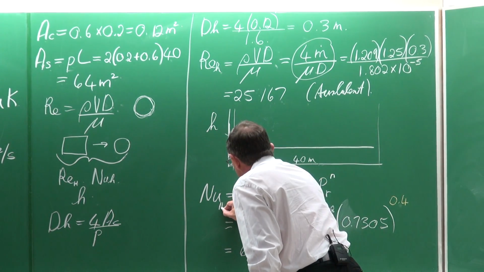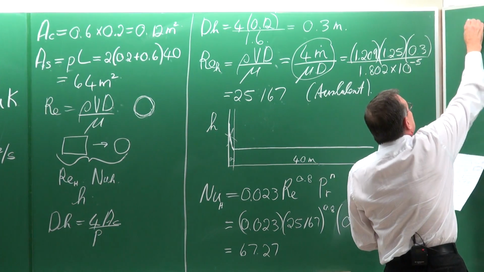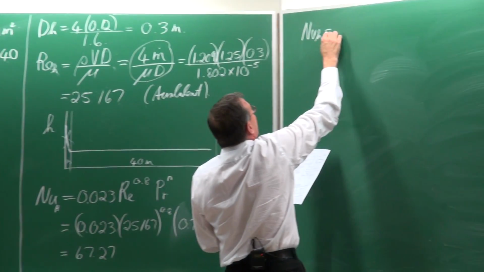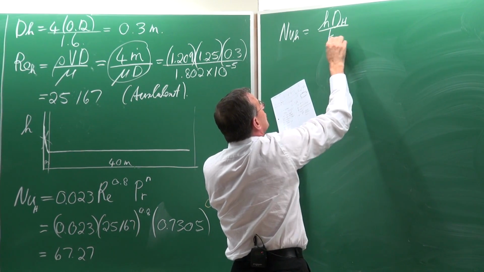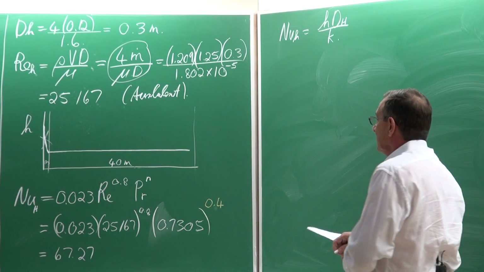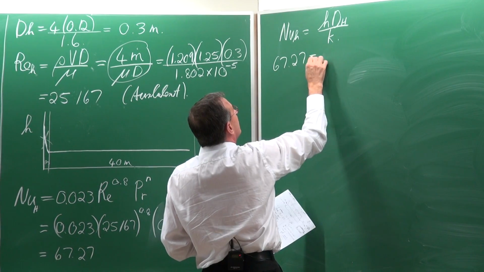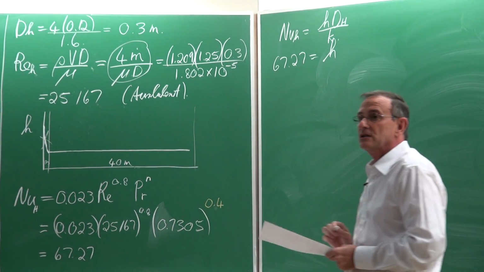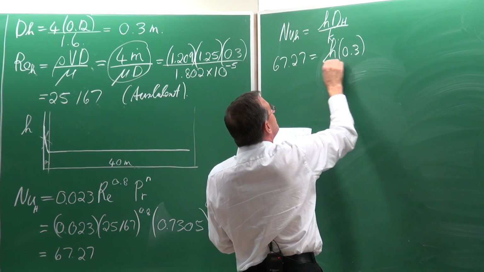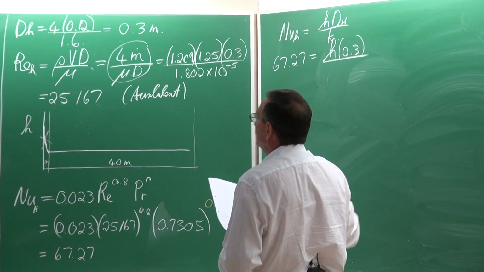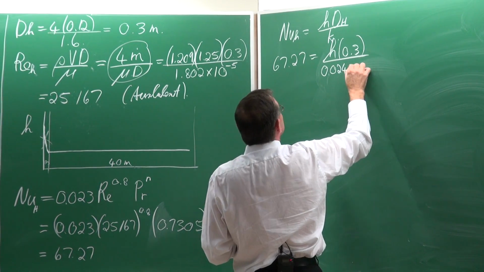Okay, and we can maybe say it's the Nusselt number based on the hydraulic diameter. Now the Nusselt number based on the hydraulic diameter is equal to the heat transfer coefficient multiplied by the hydraulic diameter divided by K. The Nusselt number we have now determined as 67.27 is equal to the heat transfer coefficient, that is what we want to determine, multiplied by the diameter, which is 0.3, divided by K, the thermal conductivity, which is equal to 0.02476.